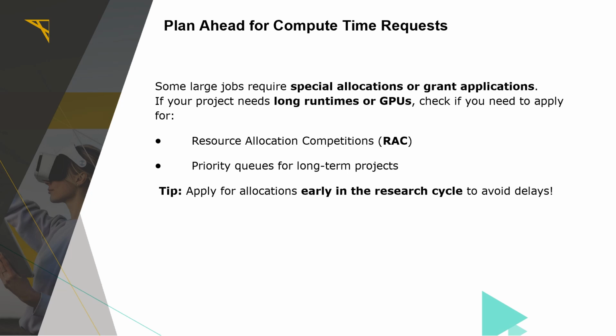So you need to apply early. The Digital Research Alliance of Canada has deadlines. Usually they announce it, and I can also put a link to the Digital Research Alliance of Canada's website, so you can see the call from last year, what the application looks like, and tips to ensure that you're able to apply early in the research cycle for your project.